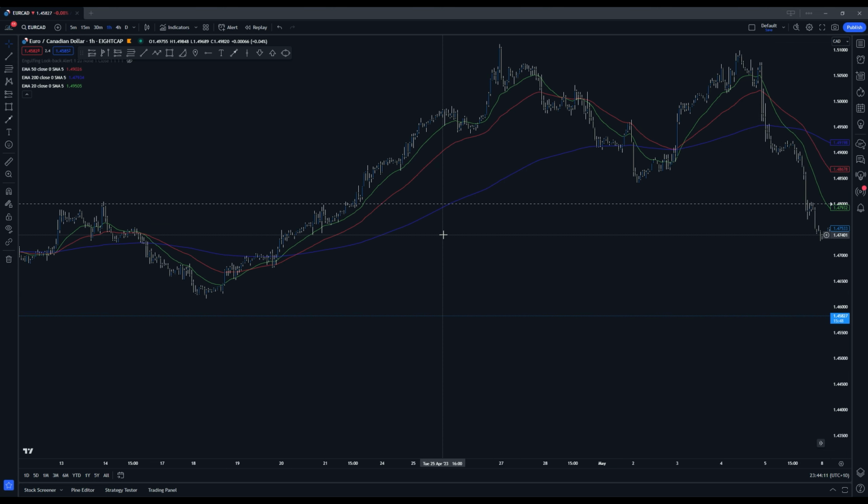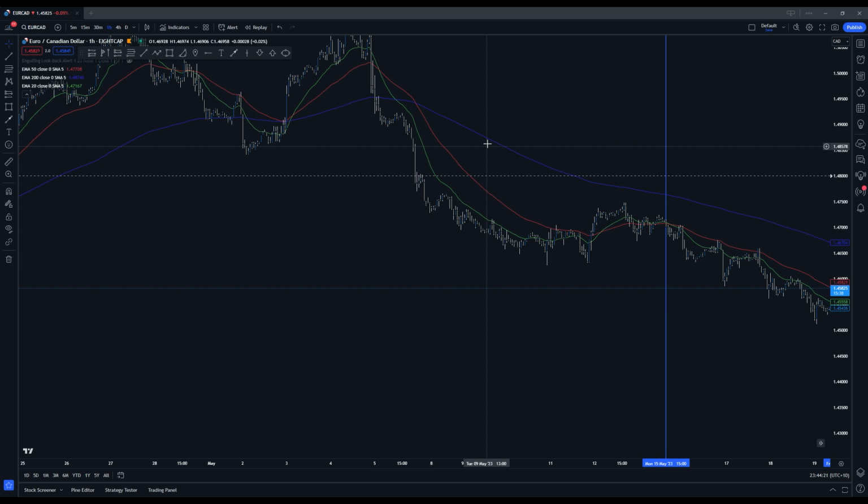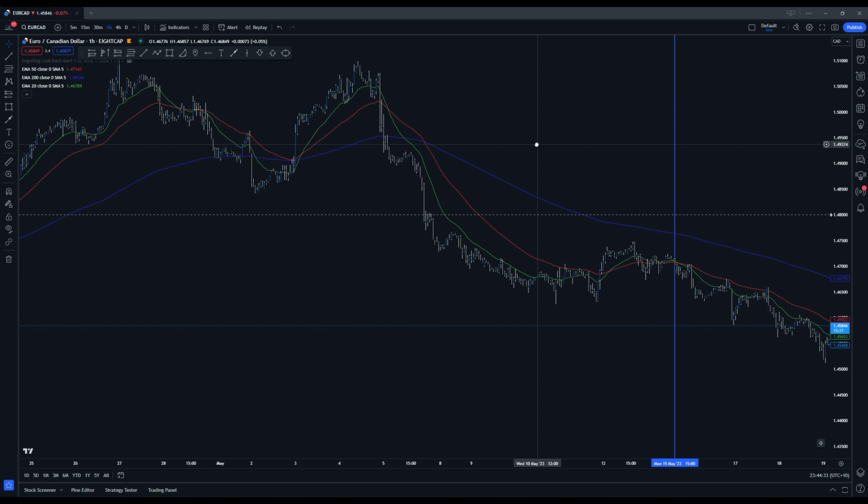So that's how you know what sort of trend you're in. That can really help add a confluence to a trading strategy. If you're looking for a trend following strategy, then knowing what sort of market conditions you're in is going to be crucial to that.